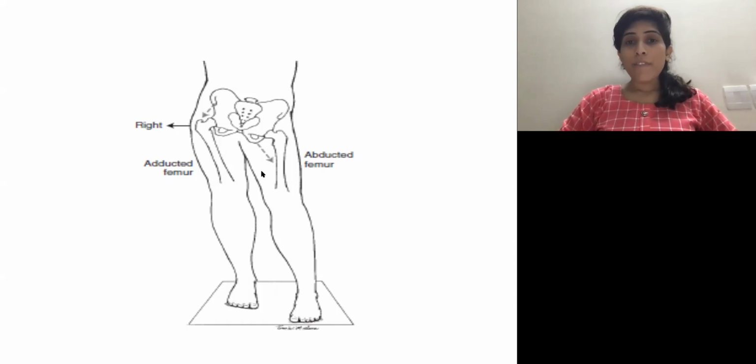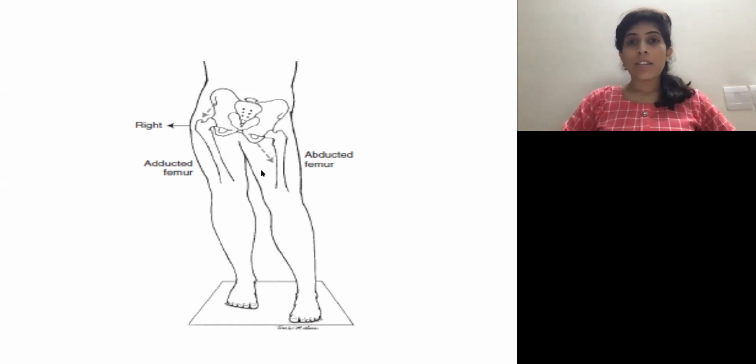Okay, so here if I say right pelvic shift, it means your body weight is taken by the right side, your pelvis is shifted to the right side, your left extremity is of course in contact with the ground, but it is not taking that much weight.